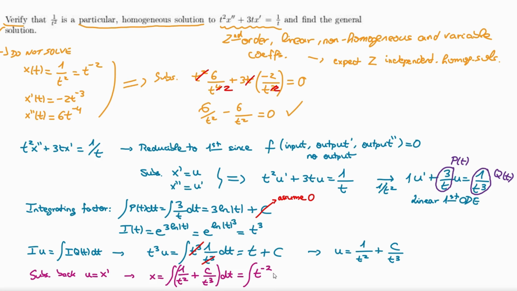Integral of t to the negative 2 plus constant times t to the negative 3, differential of t, so this is minus 1 over t plus constant times t to the negative 2 divided by negative 2 plus another constant, and cleaning up, reabsorbing the constants, this is minus 1 over t plus constant divided by t squared plus constant.